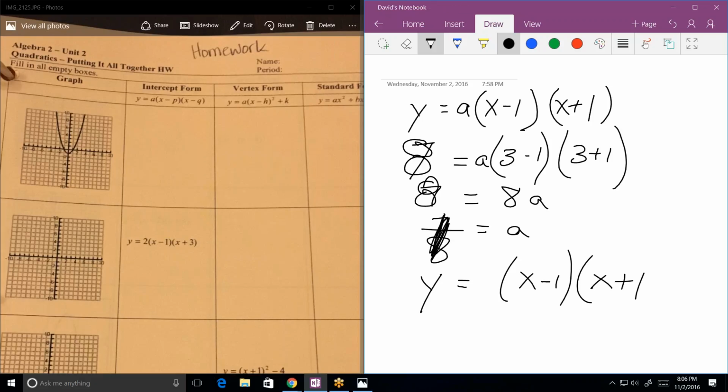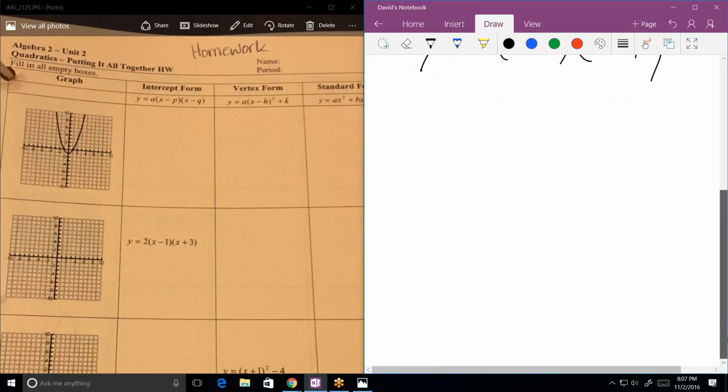Okay, cool. Now, it's the same a for the vertex form. There are various ways to get the vertex form, and we're going to have to complete the square at some point to do it. But in this problem, we don't need to do it.